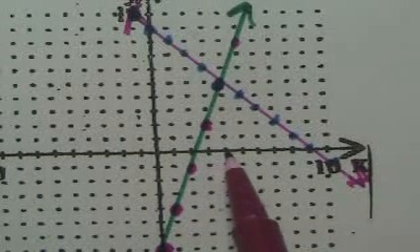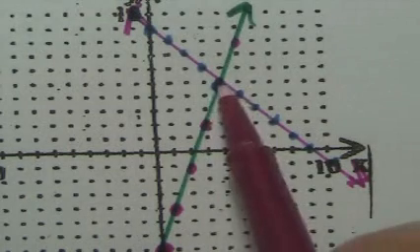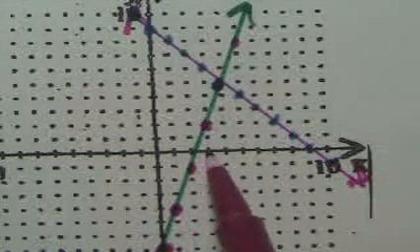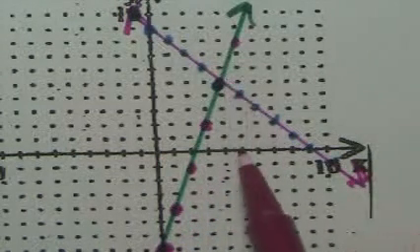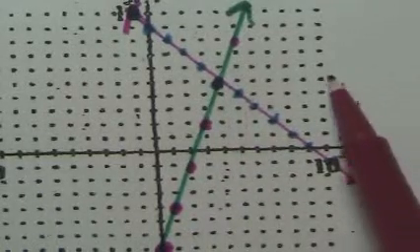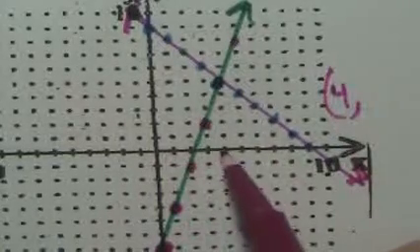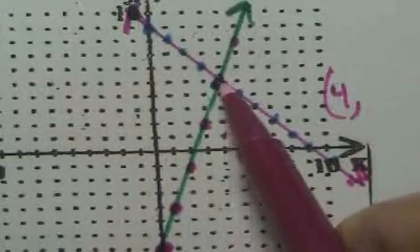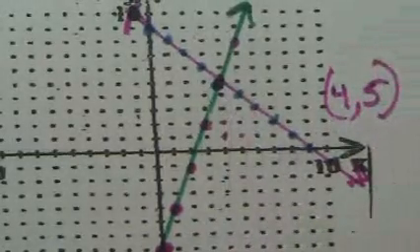Kind of zoom in there so we can find out where that intersection is. So if I count, it's going to be 1, 2, 3, 4. Wait a minute, it's right there, that point right there. So let's see, that is 1, 2, 3, 4. My line's a little off. So it's 4, comma, and how far up is it? 1, 2, 3, 4, 5. 4, 5.